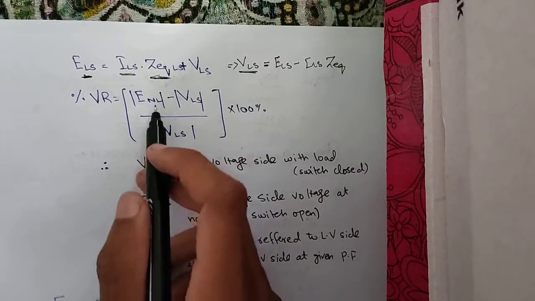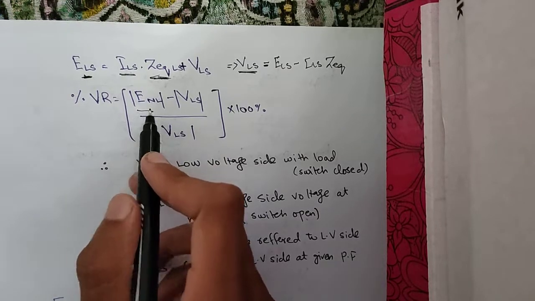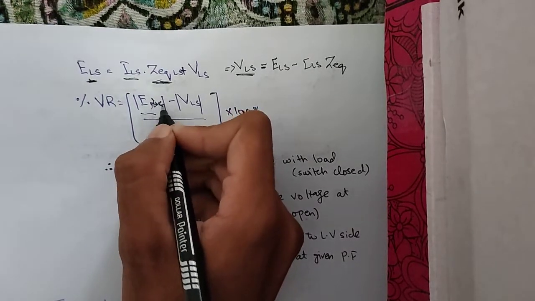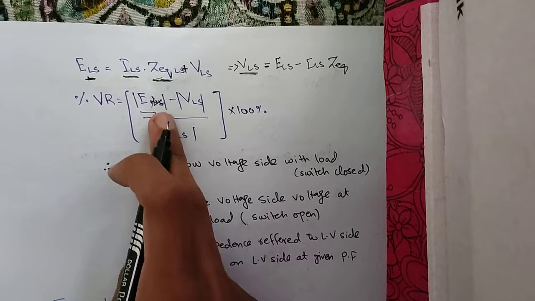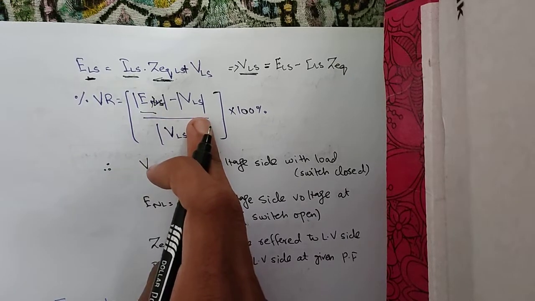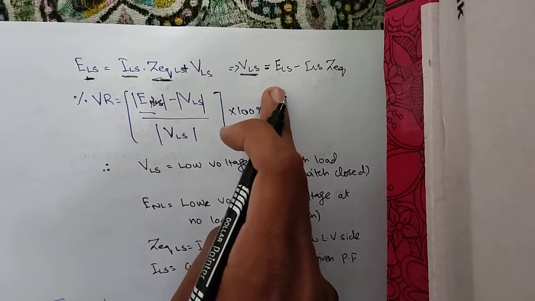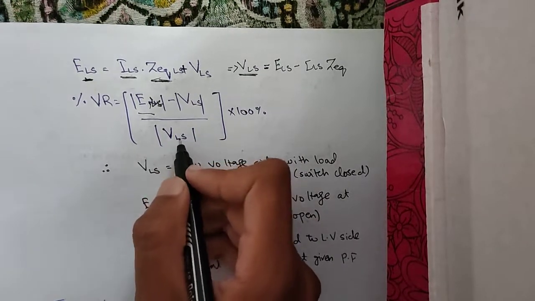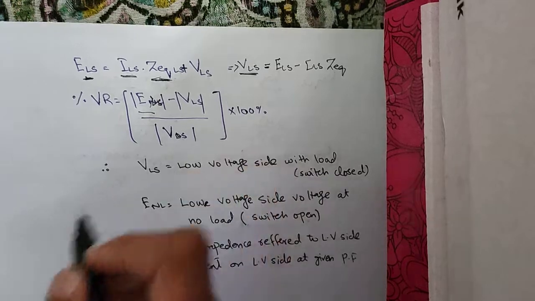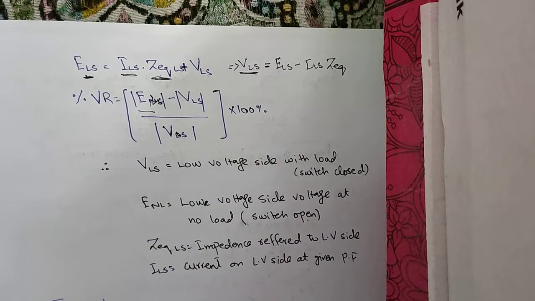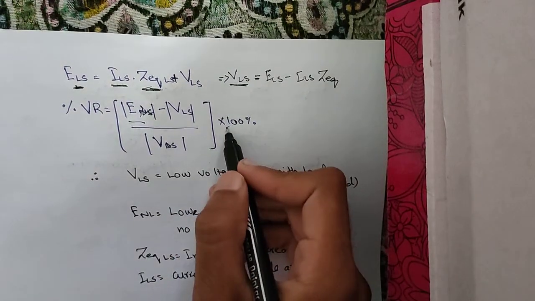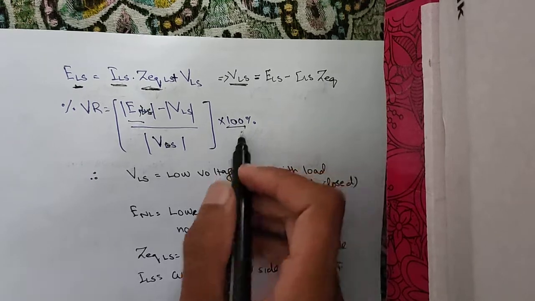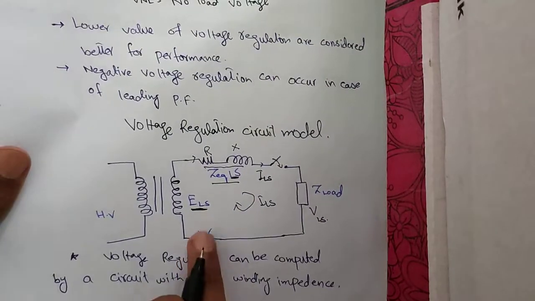So I can write that the voltage regulation is ELS or E no load voltage minus the voltage obtained on the rated power, divided by VLS. Here VLS means the rated output voltage, multiplied by 100. It is the percentage regulation for this circuit.